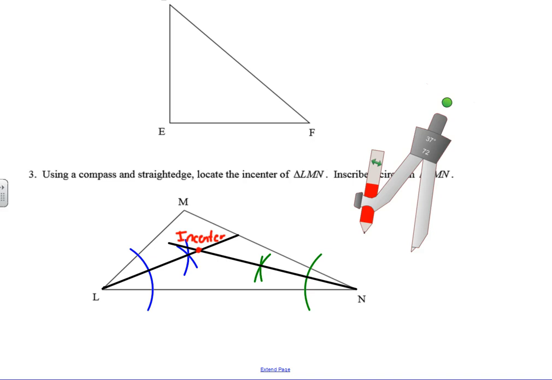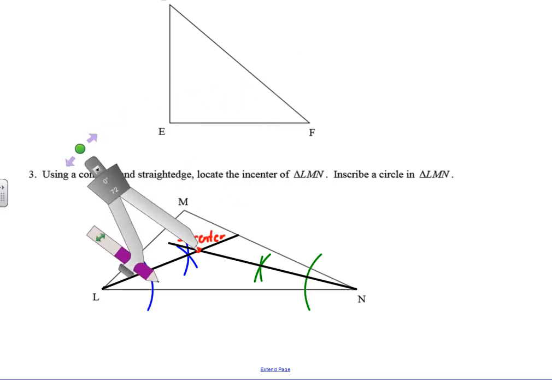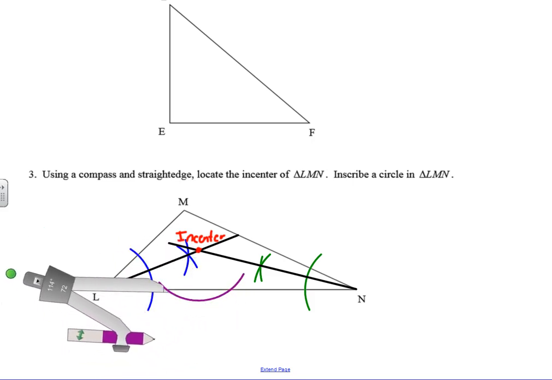So after we do the two angle bisectors, the next thing that we need to do is construct a perpendicular. So we come over here. It's got to hit both sides of that. We bring it down to this point.